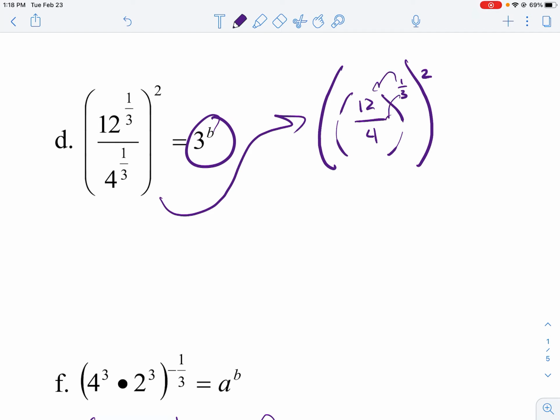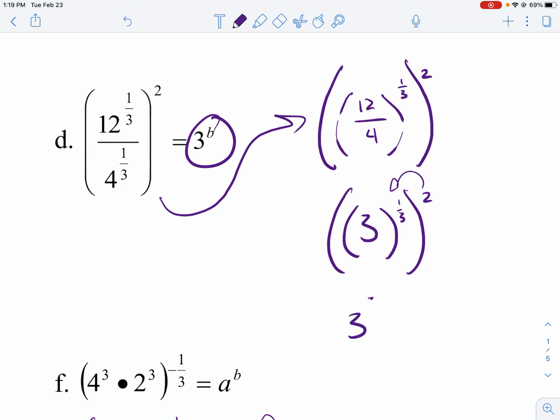If I just distributed this back through, I would still be right where I was, so I didn't break any rules. Now we divide. What's 12 divided by 4? Well, that's 3 raised to the 1/3, and then again squared. So I take that 2, distribute it through, and we get 3 to the 2/3 power.